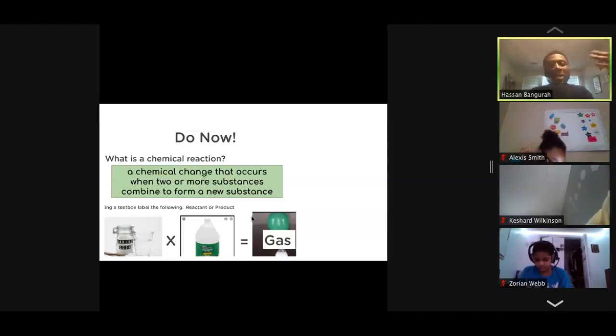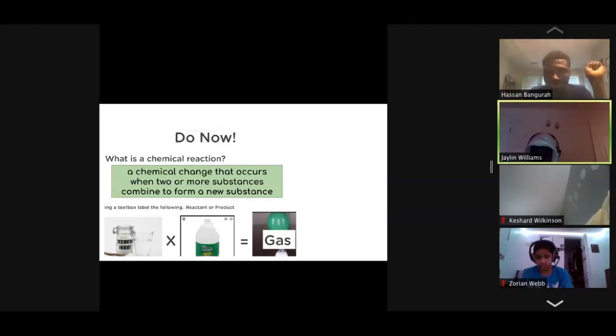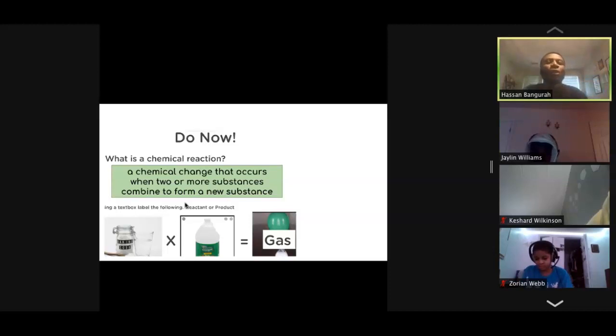So real quick, who can help me out? How would I label baking soda? Would that be a reactant or a product? Jalen, would baking soda be a reactant or a product? Yes. How do you know?